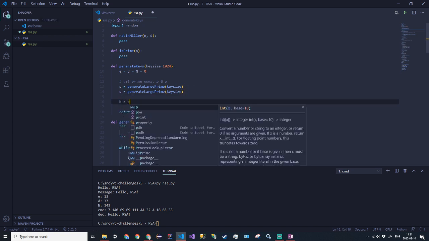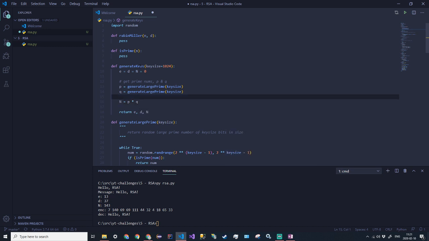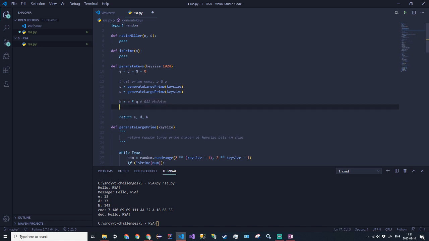N is equal to P times Q, so this is our RSA modulus. Phi of N is equal to P minus 1 times Q minus 1, and this is our totient.